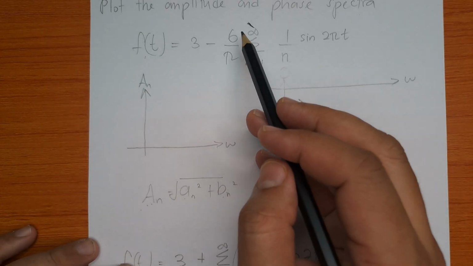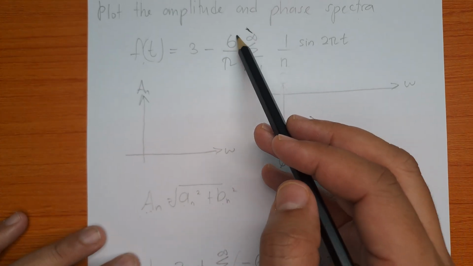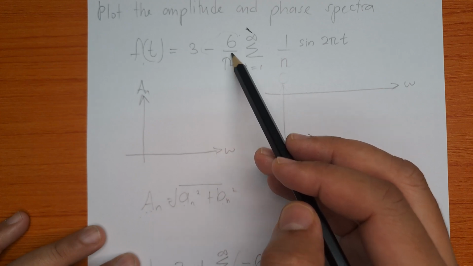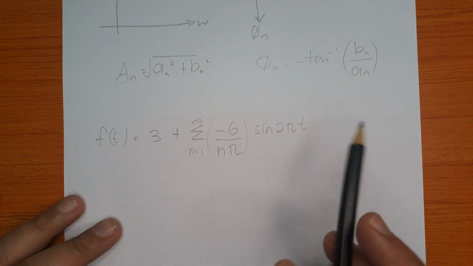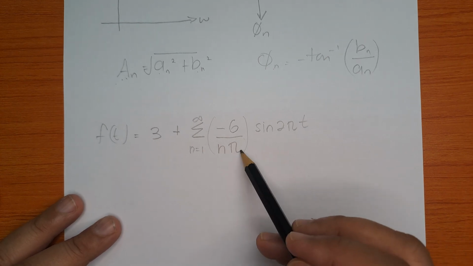So I just move this negative 6 over pi to here, so that we can see that this is the term.